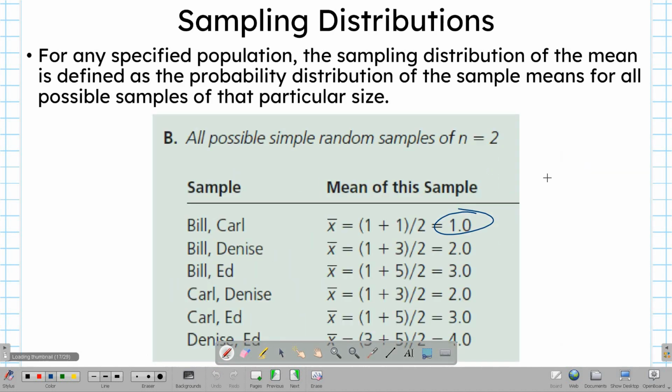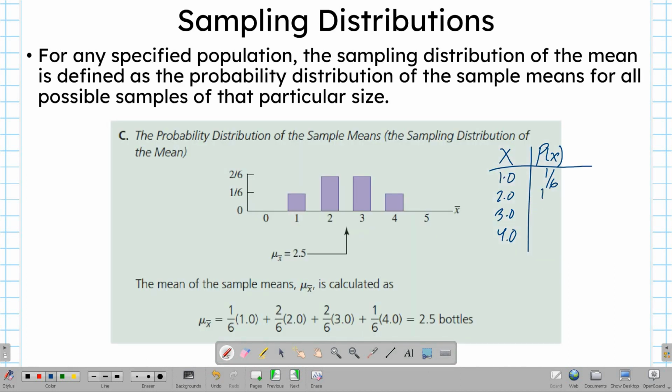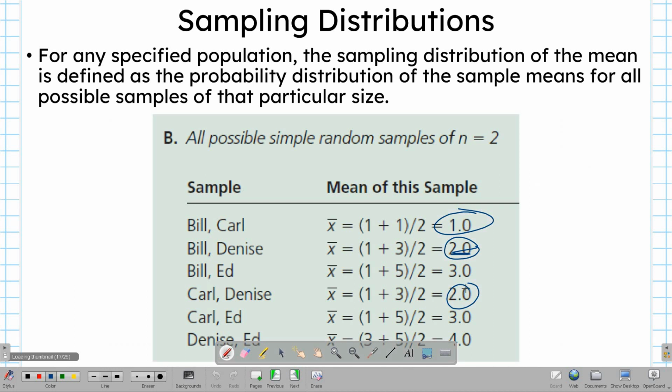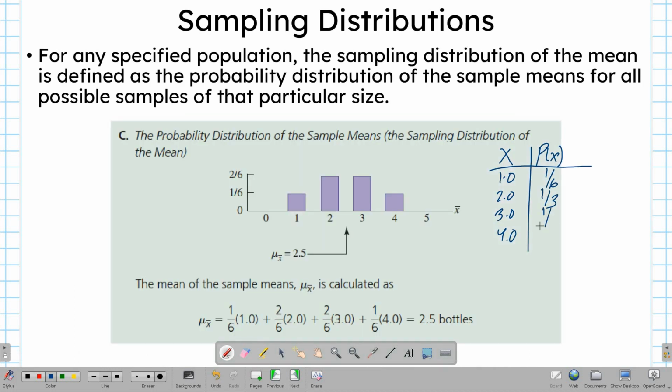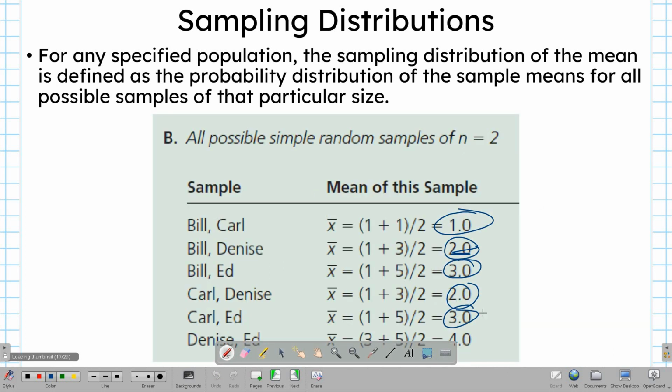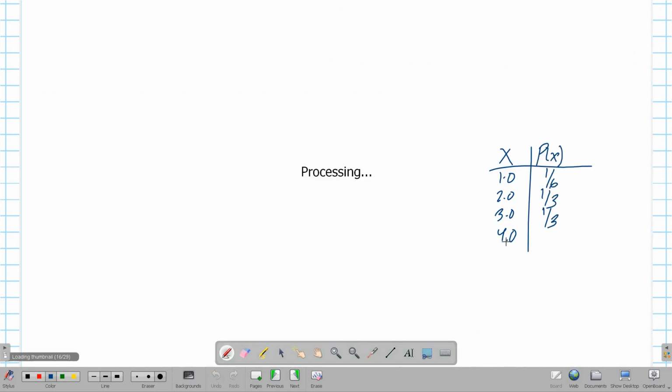The probability of getting a mean of 2 is 2/6, or 1/3. The probability of getting a 3 is also 2 out of 6, or 1/3, and the probability of getting a 4 is just 1/6.